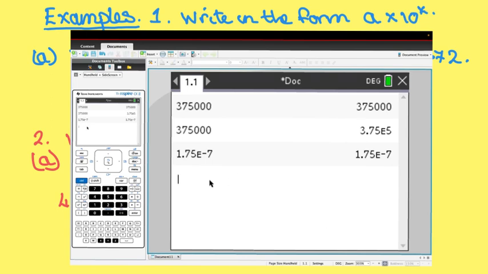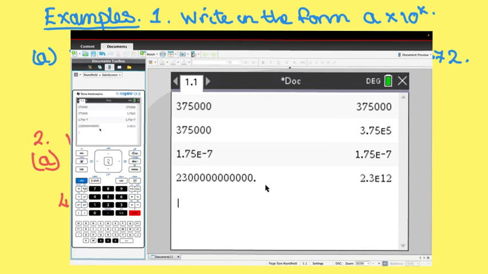If I type in 2.3, E is this double E, to 12, and then press enter, it changes it into a normal number. So you can go both ways as long as you've got the correct settings on your GDC.